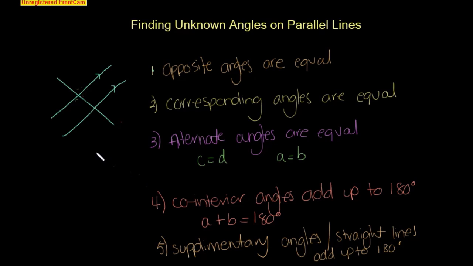So on a straight line we could have angle A here and B here, and there A plus B equals 180 degrees. So those five things are going to help us find unknown angles when we've got sets of parallel lines.